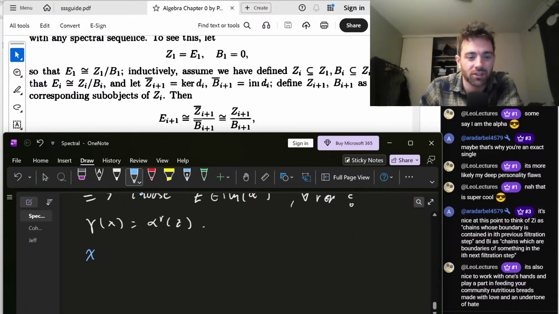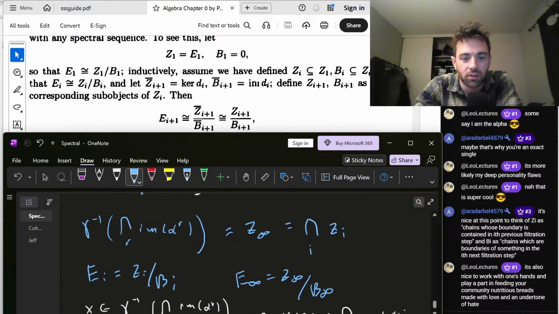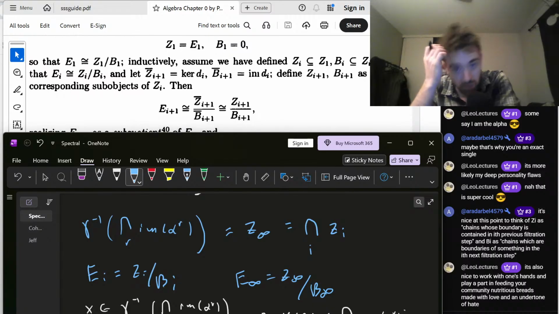Okay, hang on. What if instead, let's take X, which is in the intersection of all the Z_i's. And then what? That means I want to cook up something in the intersection of all those images that maps to X. Okay, well, if I'm in all the Z's, what do I know?